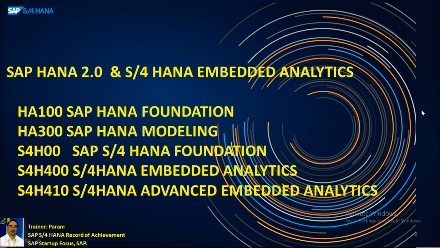So up till 2025, there is no further plan of HANA version 3, because the first priority is to get the customers on HANA, take the benefit of HANA, then move on to S4 HANA.